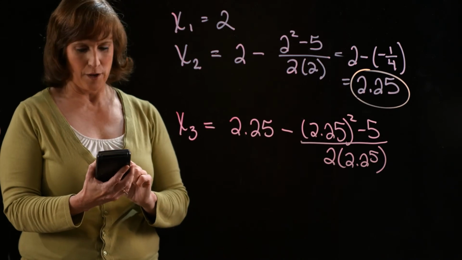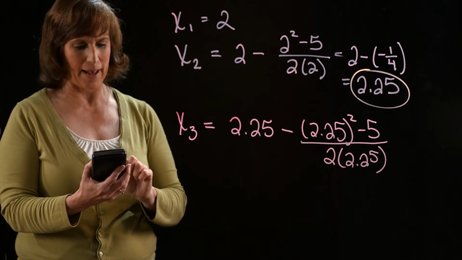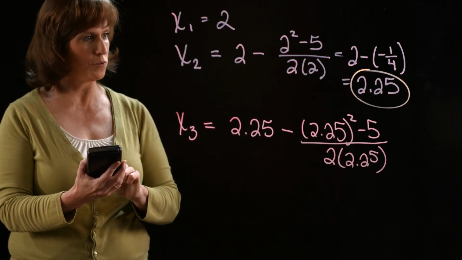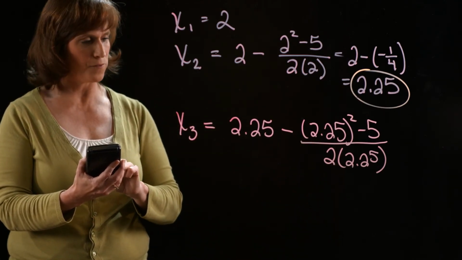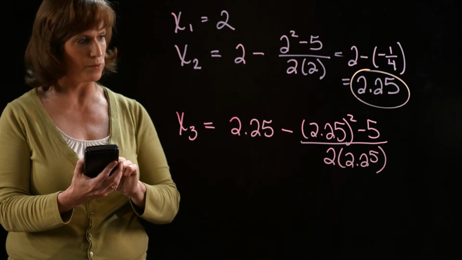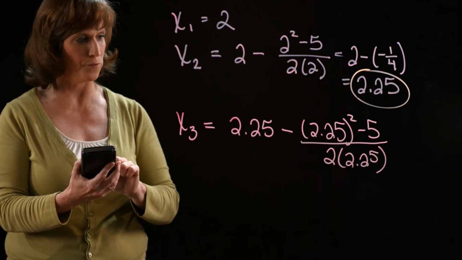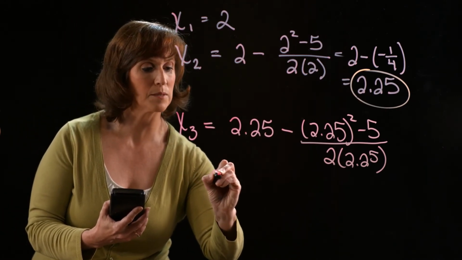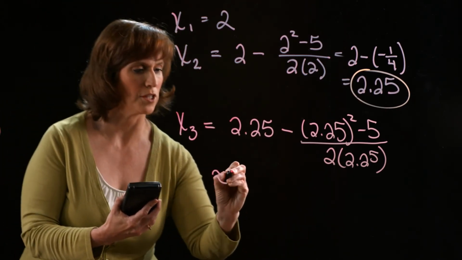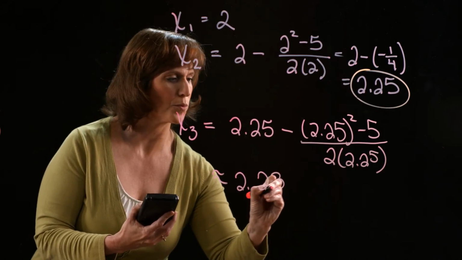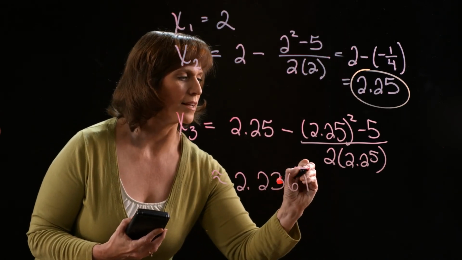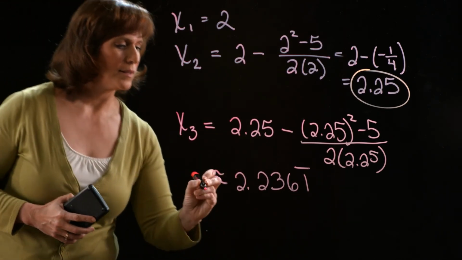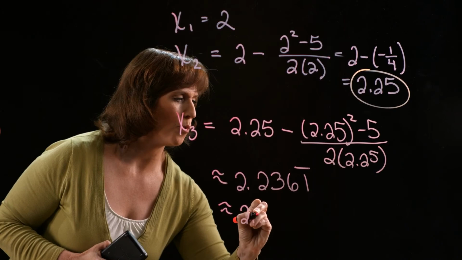I'll have 2.25 minus 2.25 squared minus 5, all divided by 2 times 2.25. When I hit enter, I end up with approximately, because this will be a decimal approximation, 2.236. Actually, as I'm looking at it, it's a repeating 1, so let's approximate this as 2.24.